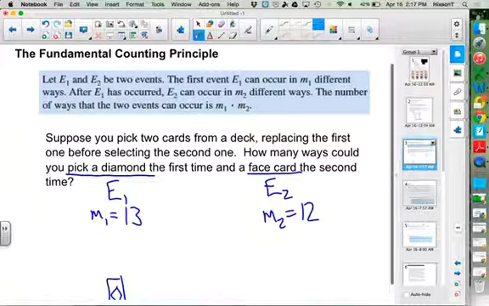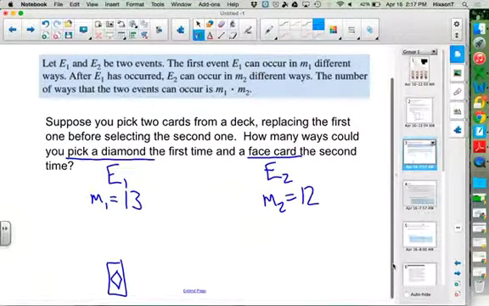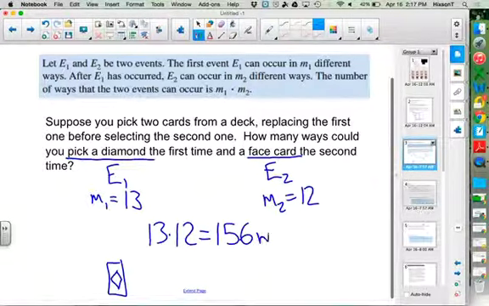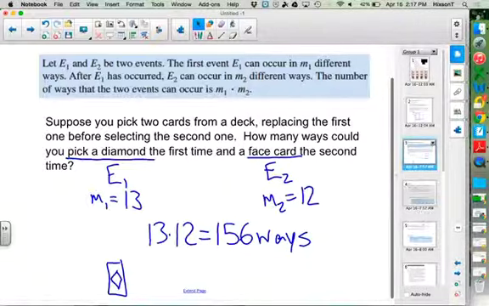So, according to our fundamental counting principle, the total number of ways that we could get a diamond and a face card would be 13 times 12. 156 ways. Does that make sense?